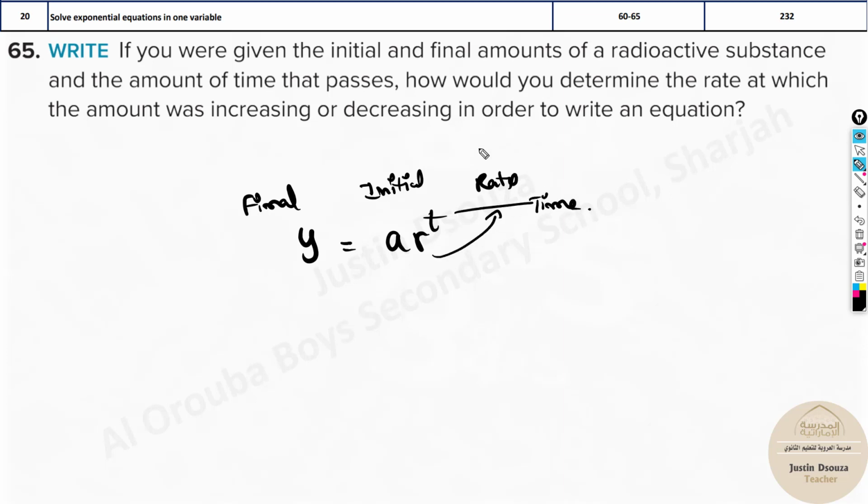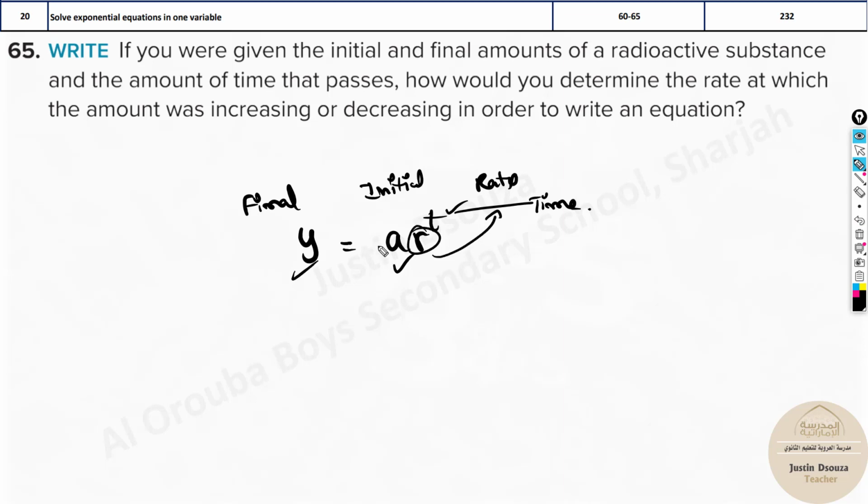Now if you have been given the initial amount A and the final amount y of a radioactive substance, and the time t is also given, how would you determine the rate at which the final amount was increasing or decreasing? Time is given, you need to find r. So let's solve for r. Only r is unknown.